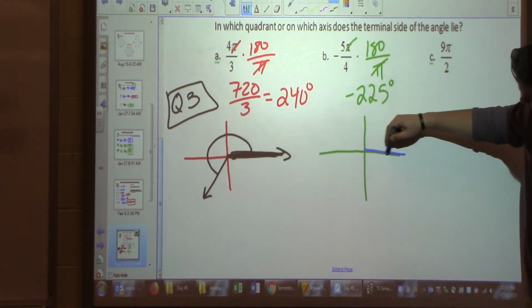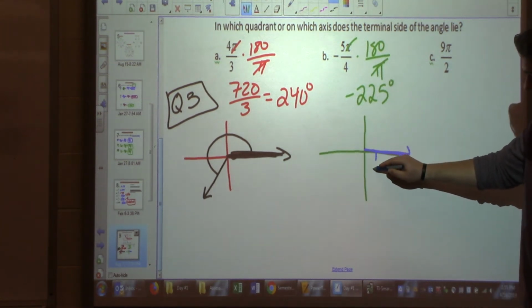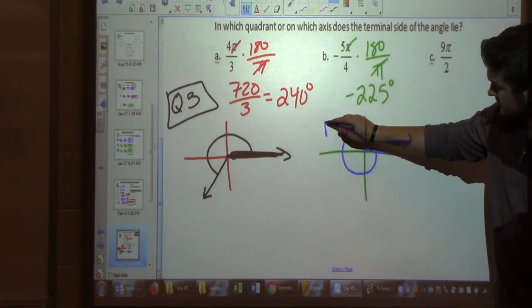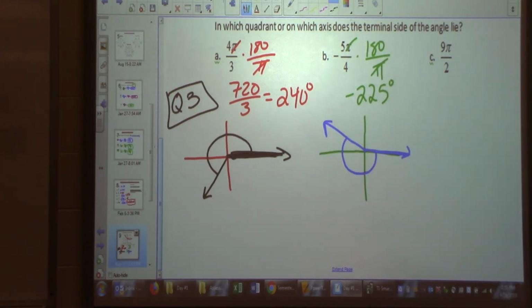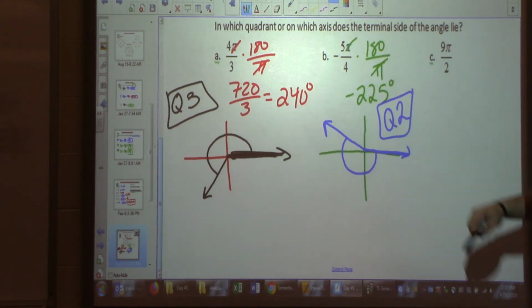Starting right here. Starting at 0. I'm going negative 225. So I'm going down. 90, 180, right about there. 225. My terminal side or my ending side, where does it end up? Quadrant 2. Q2. Okay? Does that make sense?